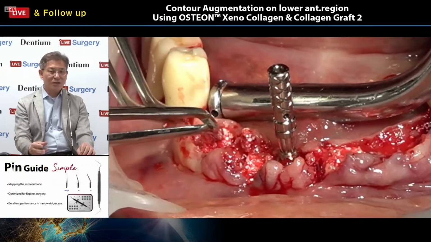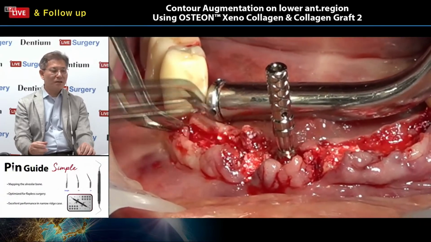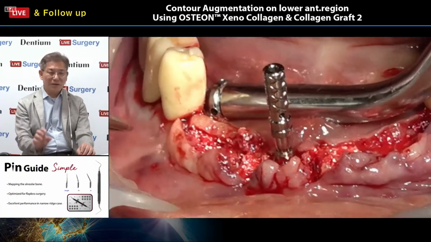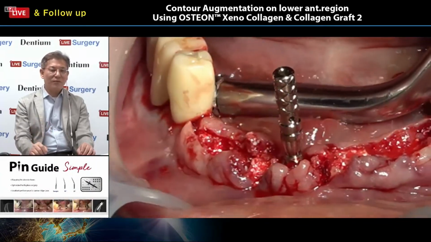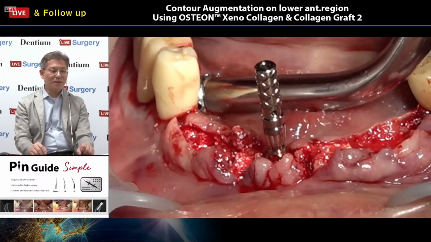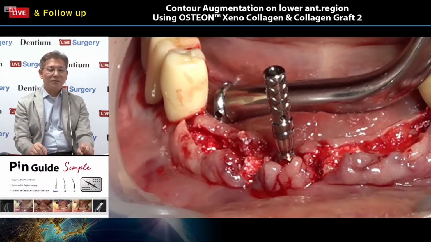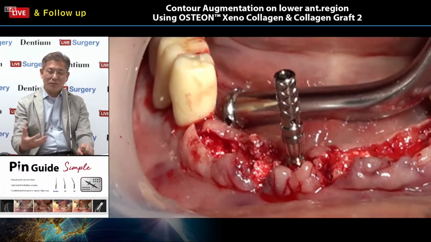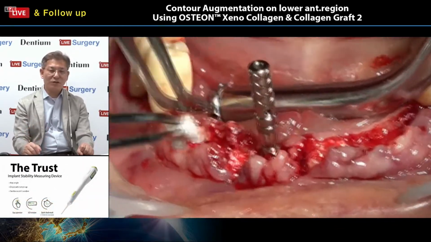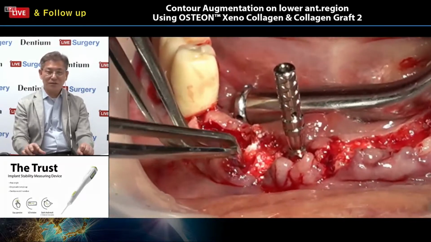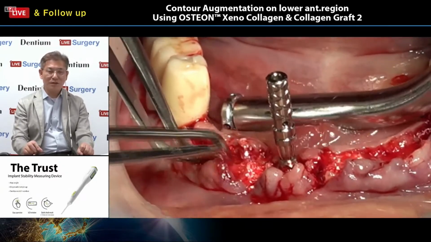However, this one is a xenograft from bovine. So Osteogen collagen is a little bit moldable and a little bit sticky compared to Osteon 3 collagen. So I think the bone forming potential will be higher than Osteon 3 collagen because the origin is xenograft.